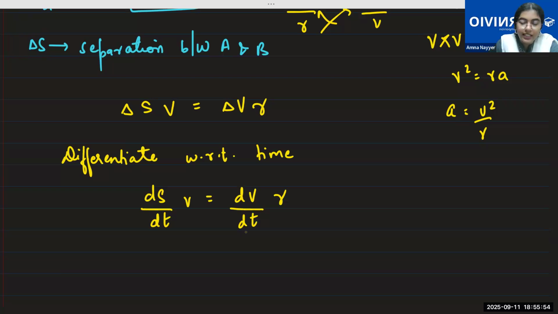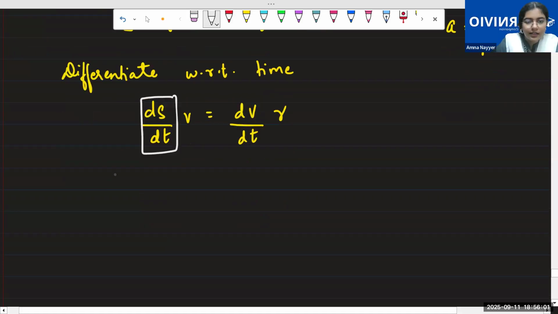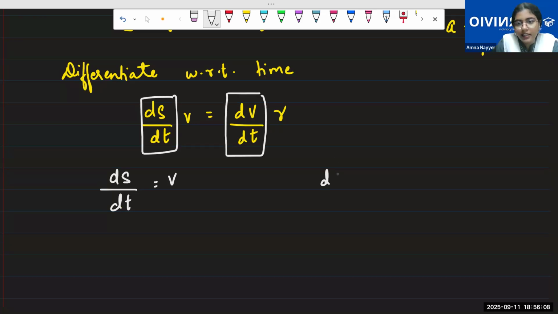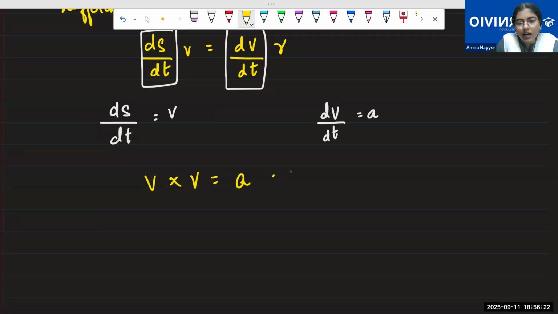Remember? ds over dt is nothing but velocity, the rate of change of displacement. And dv over dt, the rate of change of velocity, is acceleration. So ds over dt is v, and one v is already present. dv over dt is a into r. From here, centripetal acceleration is v square divided by r.